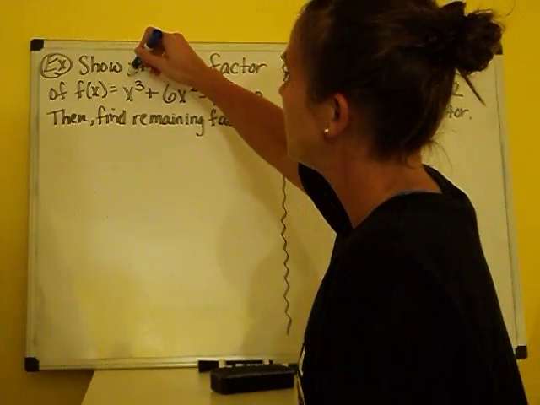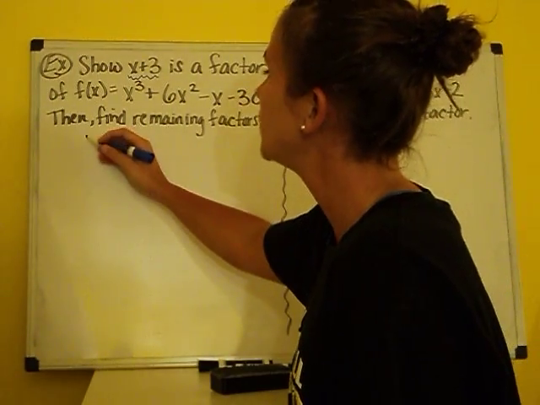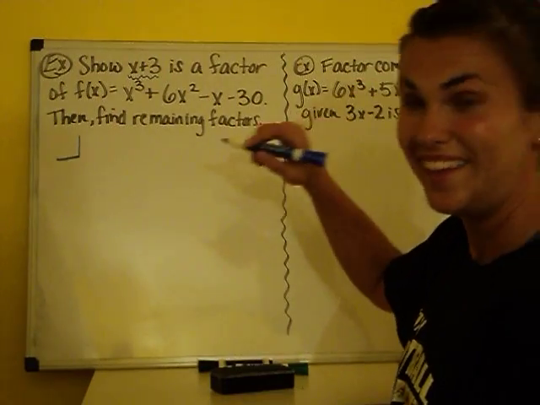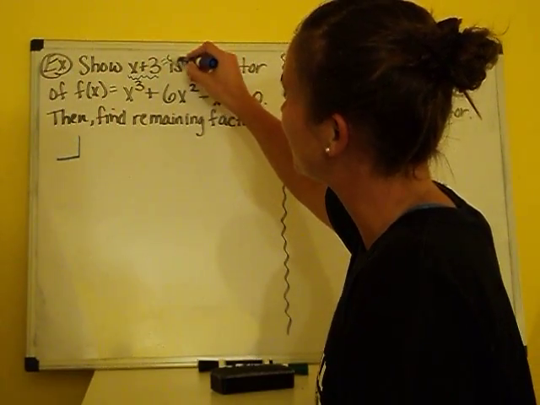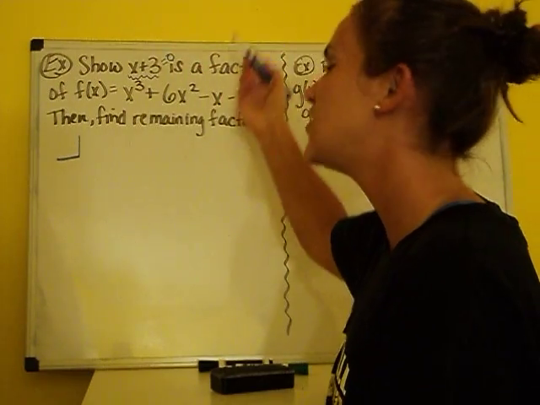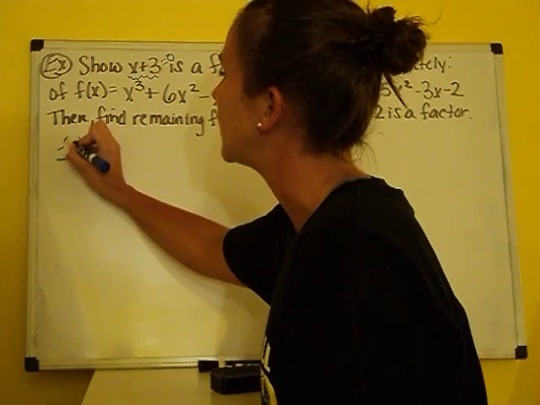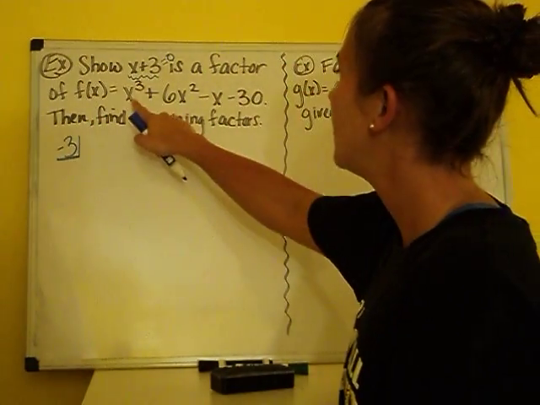So if we have x plus 3 as a factor, what is going to go in my nifty little box over here? If you said negative 3, you're correct, because if we set this equal to 0 and solve for x by subtracting 3 on both sides, we get negative 3. And who doesn't love negatives, right? Then we start here.